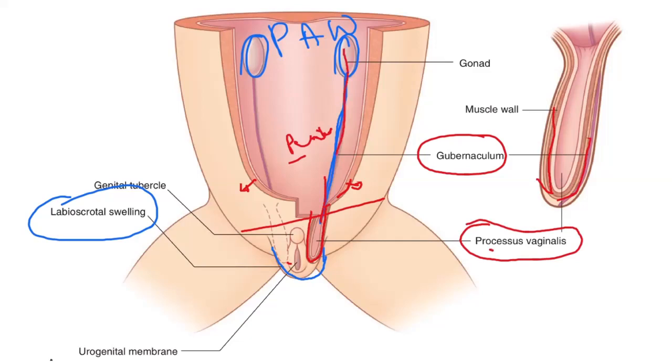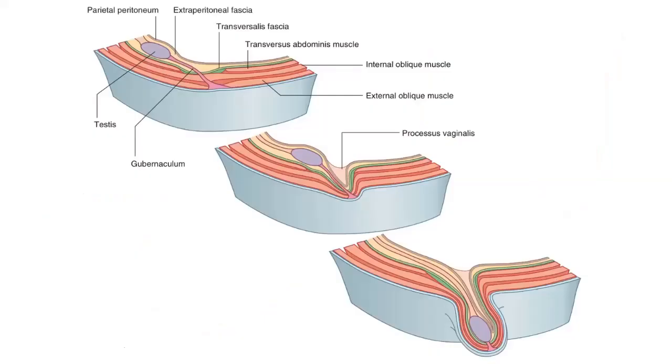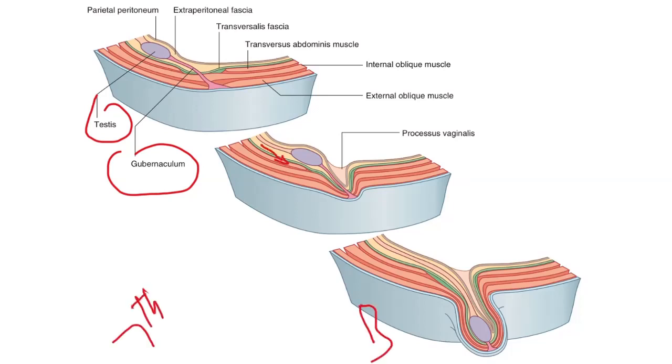So this testis ultimately reaches the scrotum like that. You see the gubernaculum, the testis. You see the testis is coming downwards. This is from the 7th month to birth. This is birth.